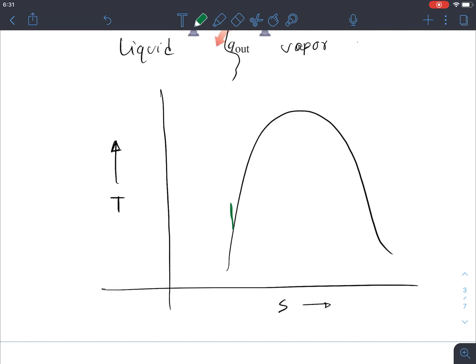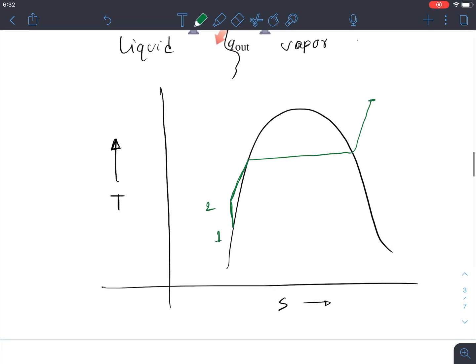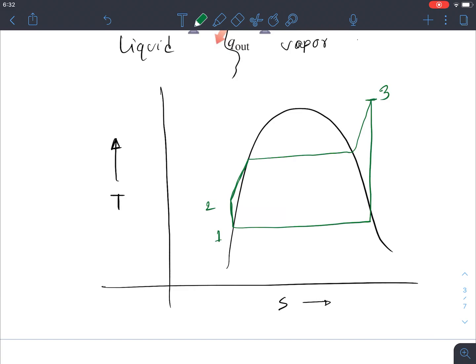It's slightly increasing the pressure, which is 1 to 2, and then in the boiler, right, it's coming to the saturated line, and then here, okay, basically this is 3.